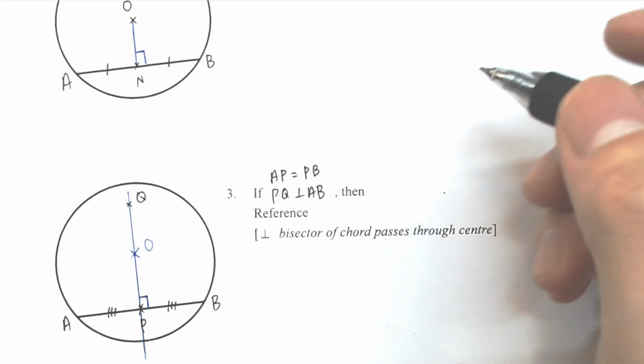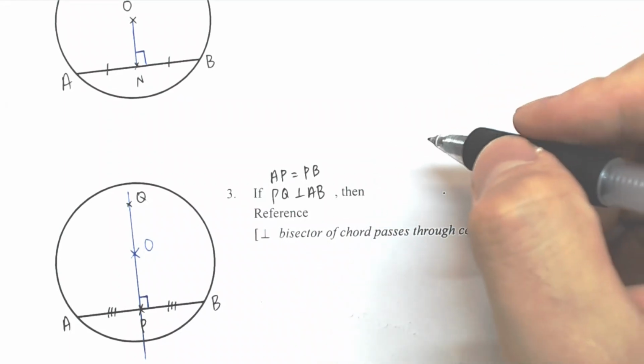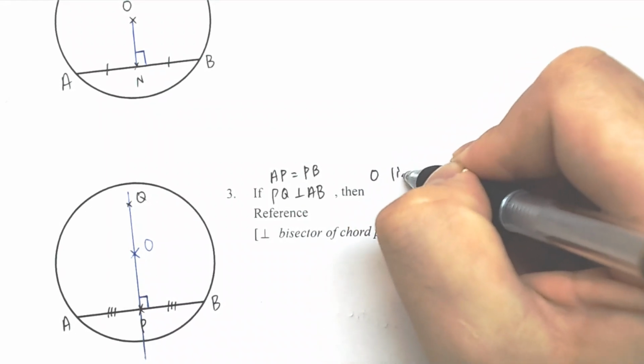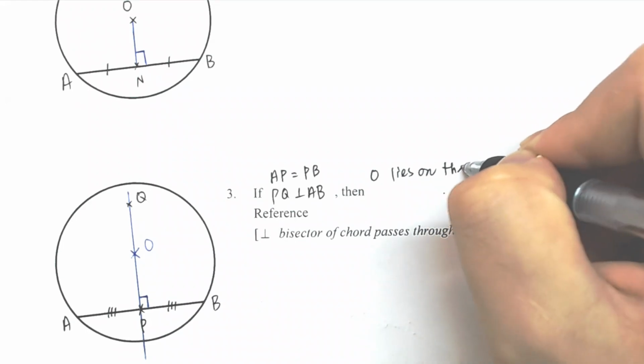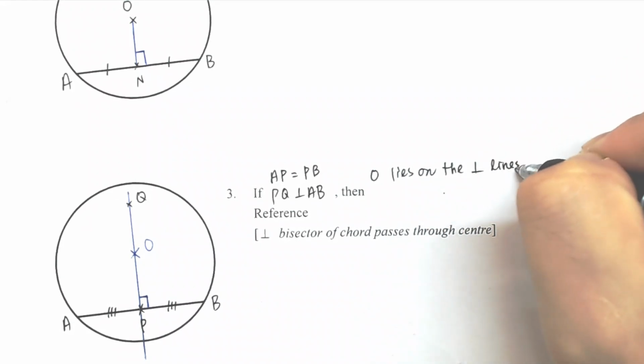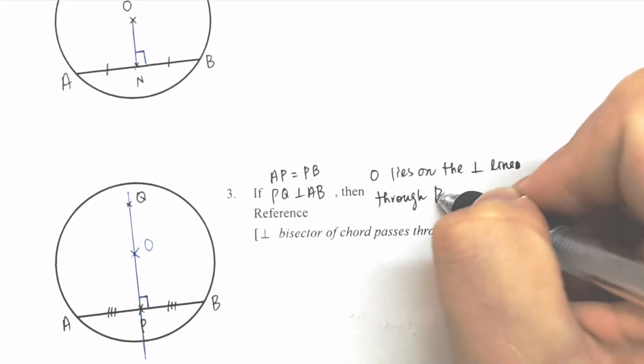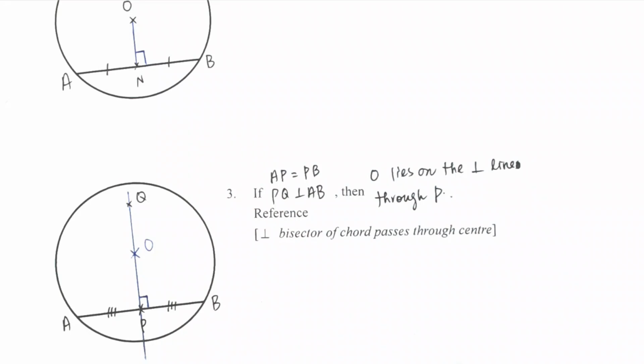So we should have O lies on the perpendicular line through P. The result is focused on the position of the center, which lies on the perpendicular line drawn from P. The reference here is the perpendicular bisector, that is the line PQ.